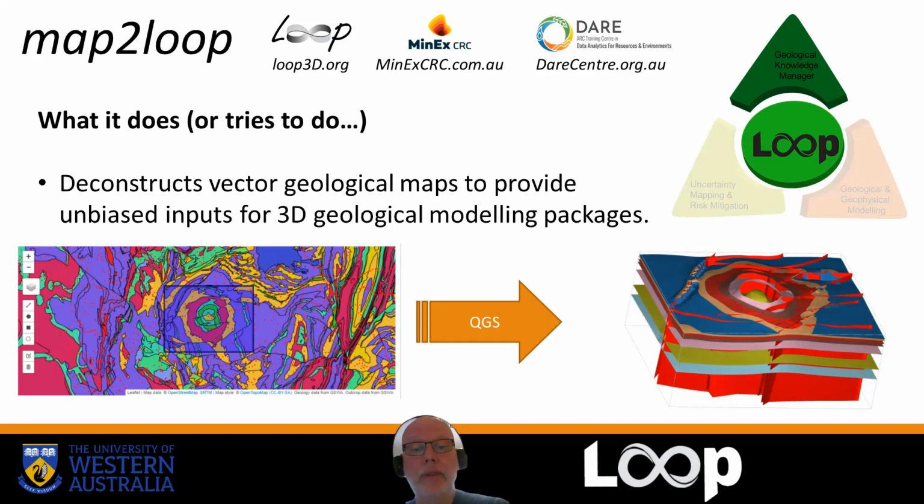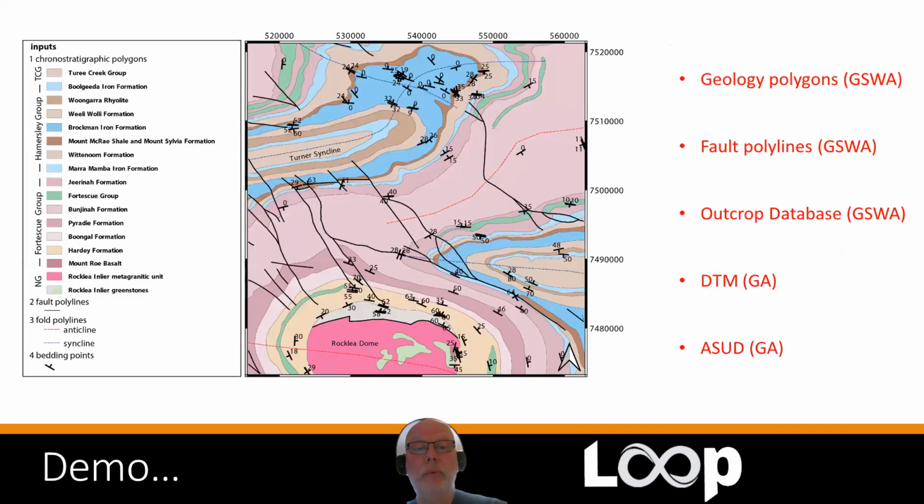So how do we do this? Well, we write a bunch of Python code, and what that Python code does is it takes information like this, and this is a geological map from the Hamersley Range in Western Australia. It's refolded folds with quite a lot of faulting going on as well, as you can see.